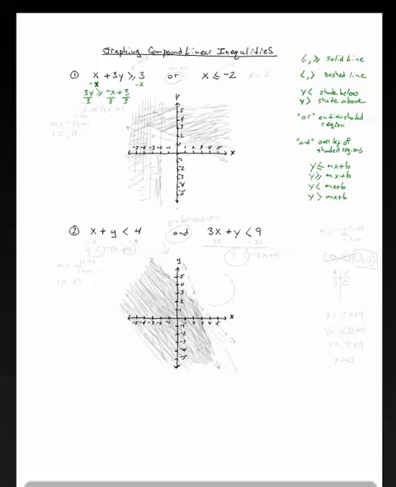So that gives me y is greater than or equal to, now that negative x is really a negative 1x, so that's negative 1/3 x plus 1. Which tells me that my slope m is equal to negative 1/3, and my y-intercept is (0, 1).